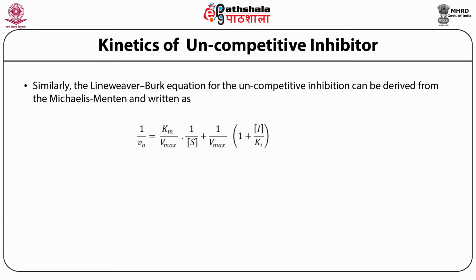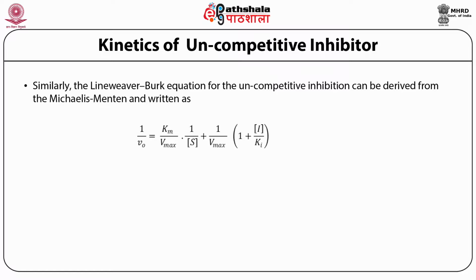So you can see that m, which is the slope, is exactly the same in the presence of uncompetitive inhibitor as in the absence of uncompetitive inhibitor. So it shows that your slope is not altered. What is altered here is only the intercept at the y-axis, which is c.